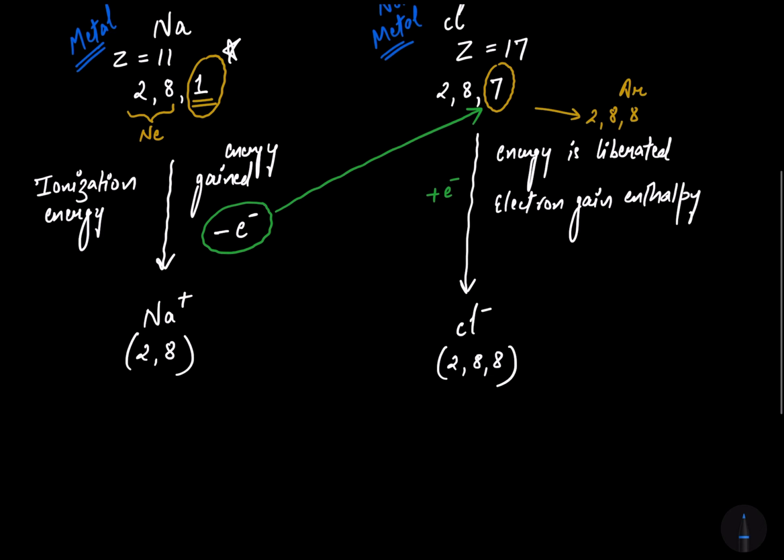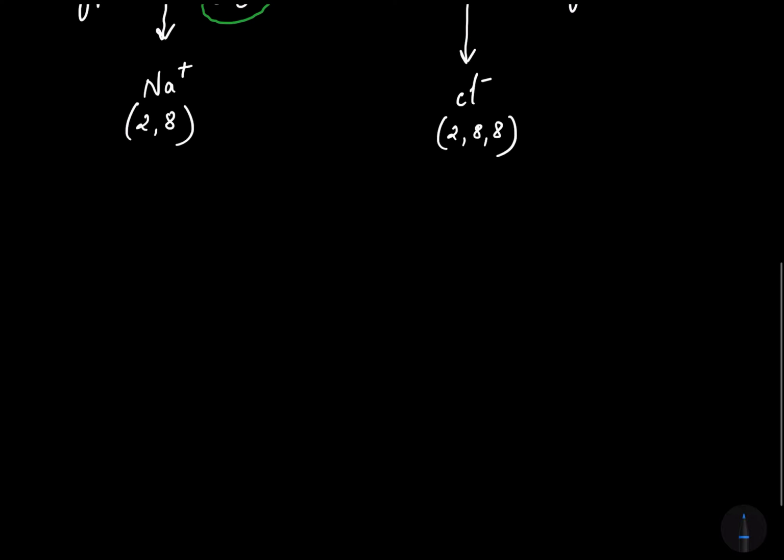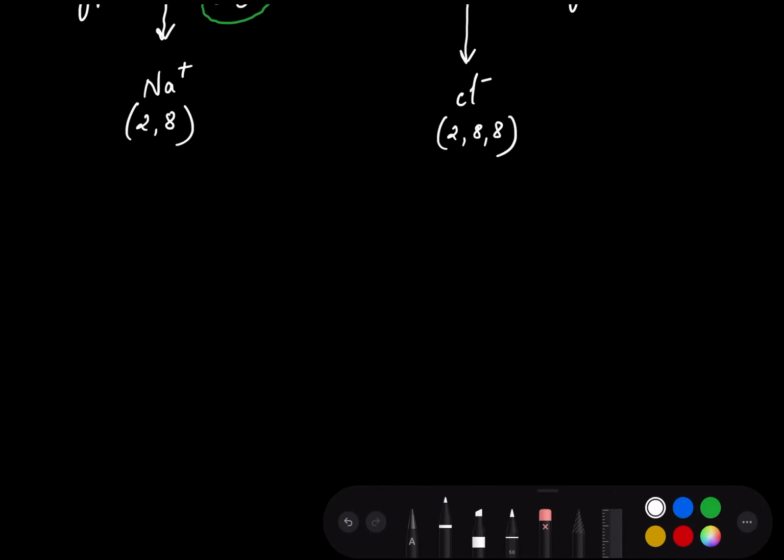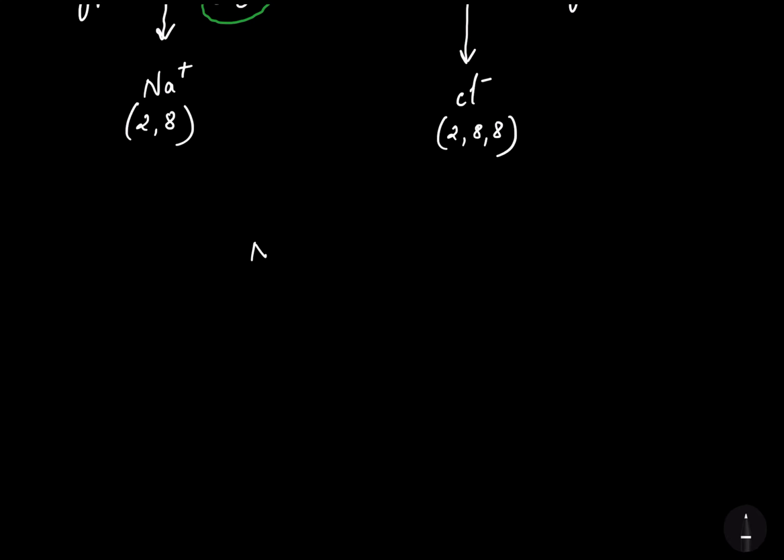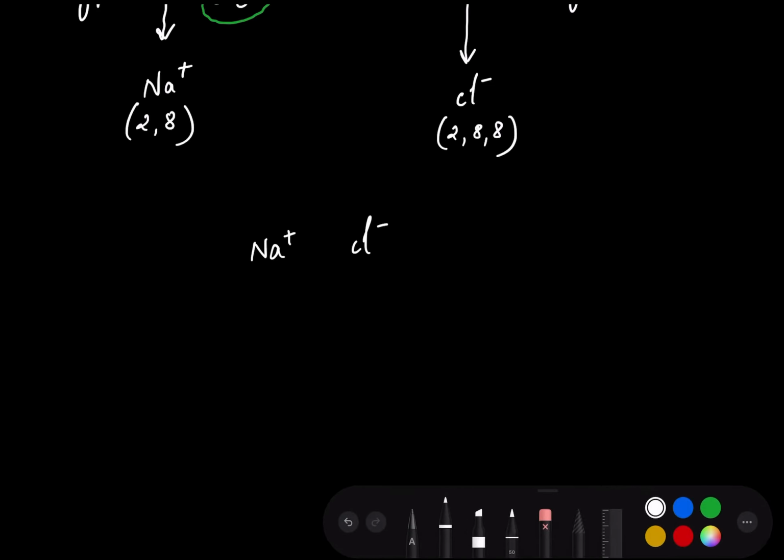Now what next will happen? Now these oppositely charged ions, that is Na positive and Cl negative, will have electrostatic forces of attractions between them.